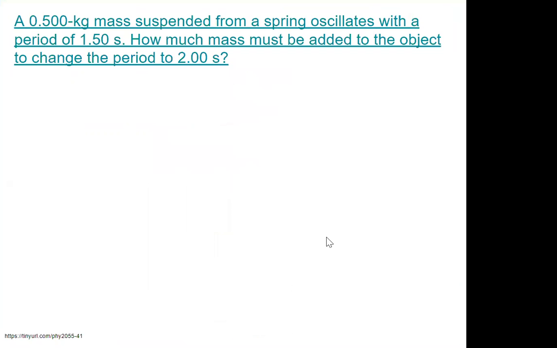Okay, so let's take a look at this one. Again, a 0.500 kilogram mass suspended from a spring oscillates with a period of 1.50 seconds. How much mass must be added to the object to change the period to 2.00 seconds?